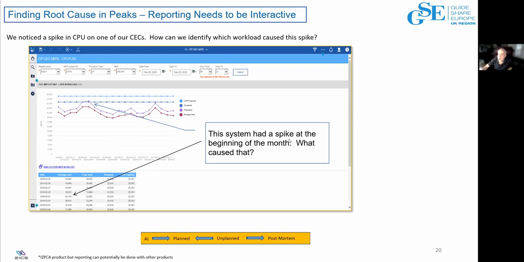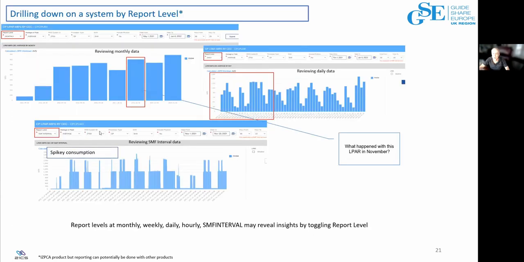The system can add a spike in the middle of the day. Whenever you see a spike, you drill down and see what caused it. It looks like on March 1st the spike happened, so you might drill down into March 1st and find out what workloads caused that spike. You drill down by report level, reviewing monthly data.